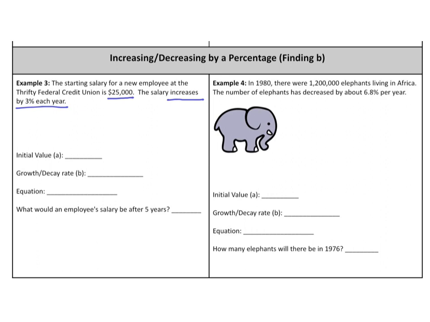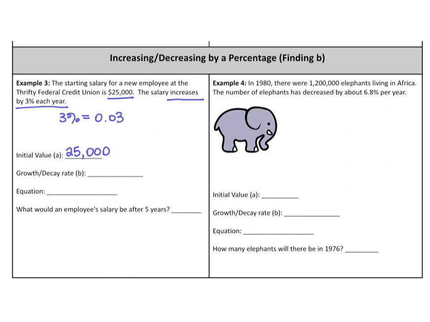My initial value is pretty easy to find still. It's that $25,000. That's the initial income that you're going to make. But my growth or decay rate cannot be written as a percent. We have to change it to a decimal. So 3% is equal to 0.03.